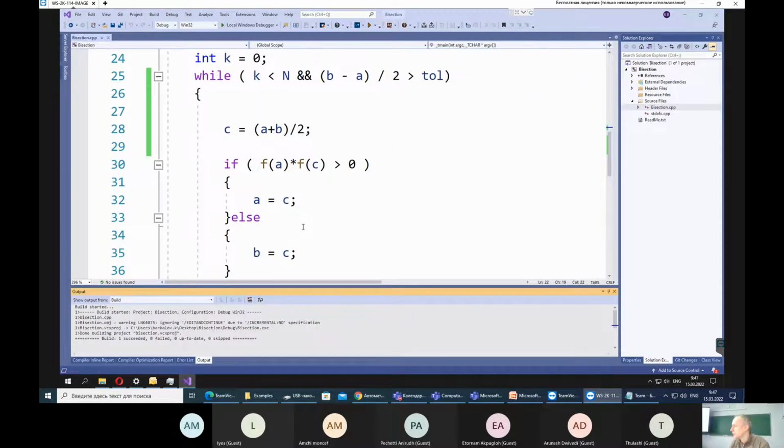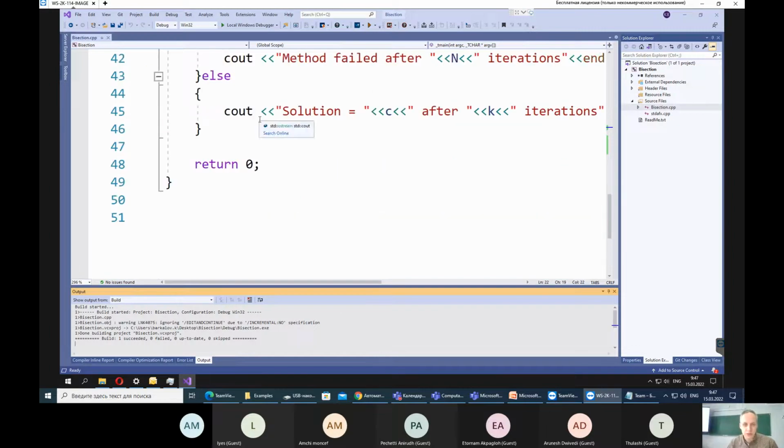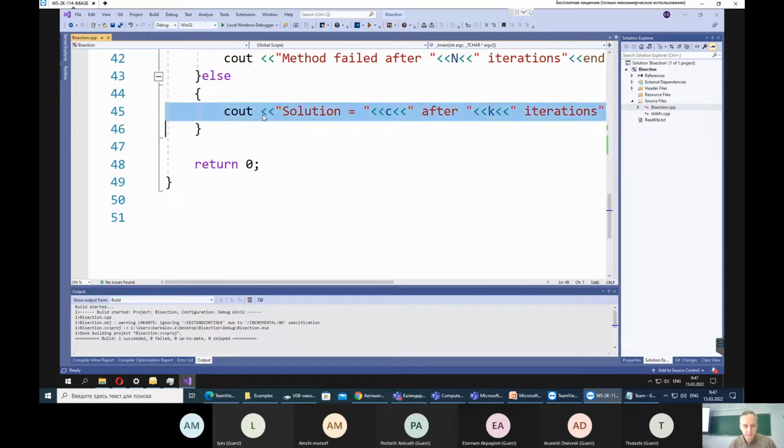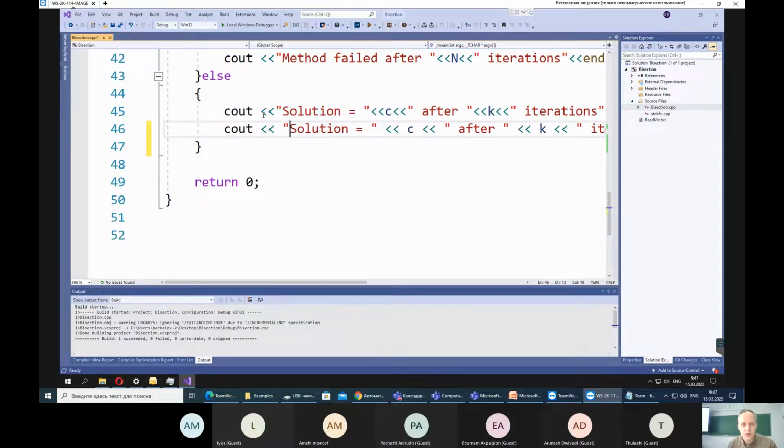Let's check the quality of the solution. How to check the quality of the solution? Because at the real point of the solution, f of x must equal 0. Let's output here the value f of c. I just output f of c equals and f of c.